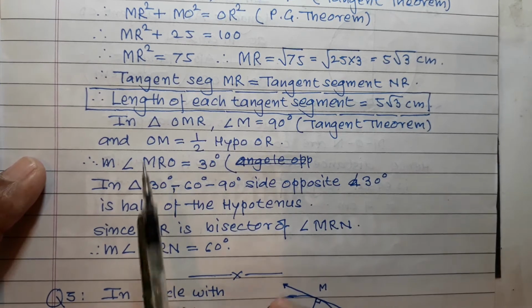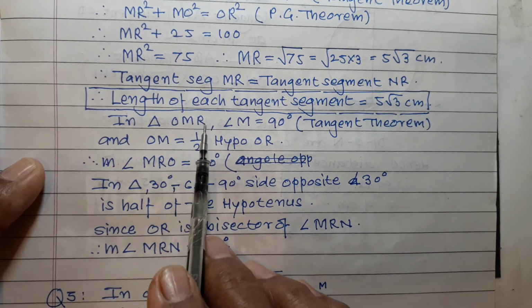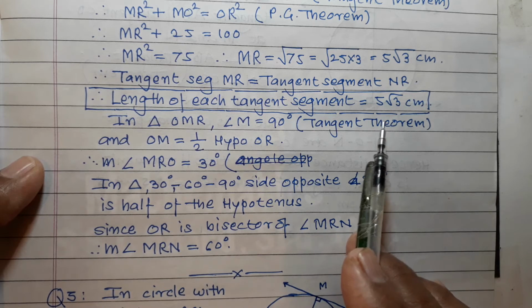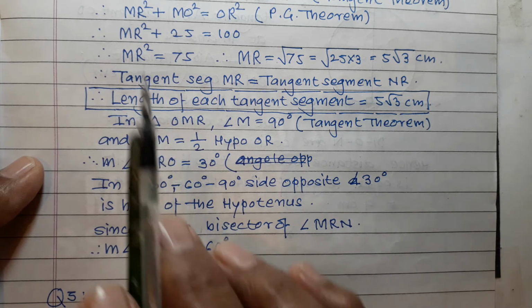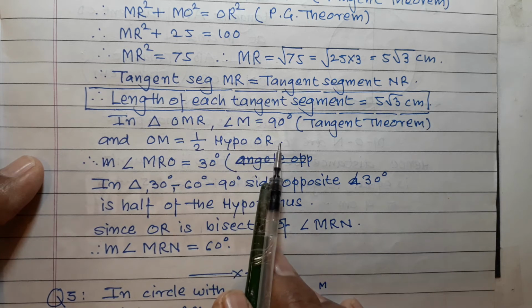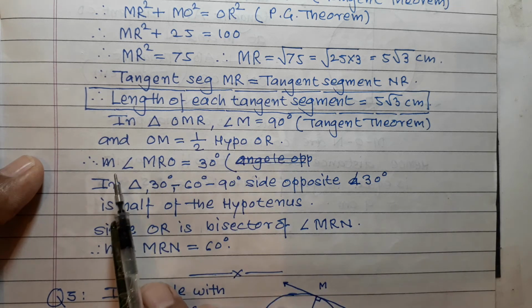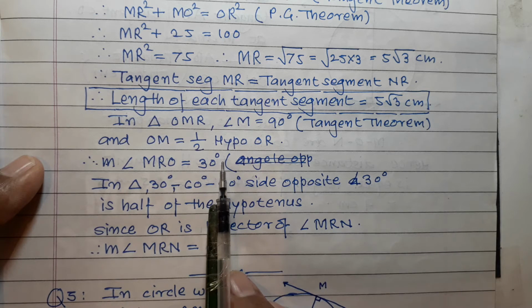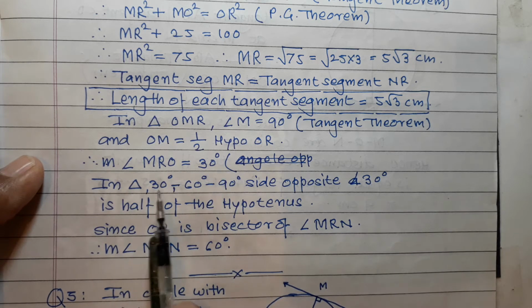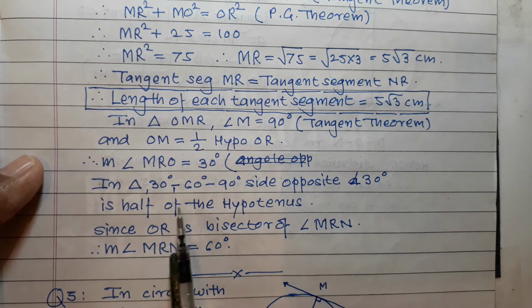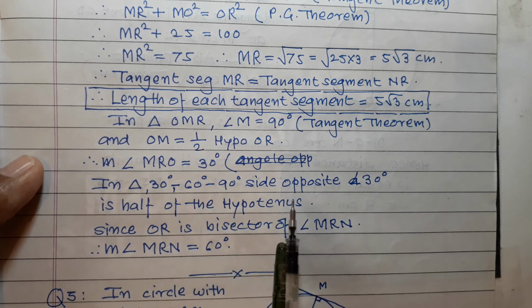Then in triangle OMR, angle M is equal to 90 and OM, this radius, is equal to half of the hypotenuse OR, and therefore measure of angle MRO is equal to 30 degree. In a 30-60-90 triangle, the side opposite to 30 is half of the hypotenuse.